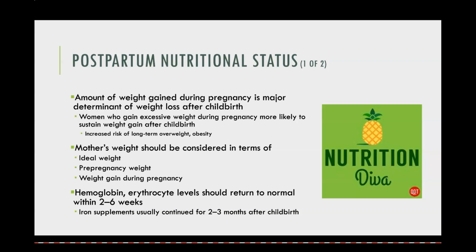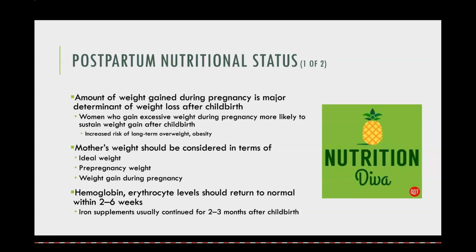The amount of weight gained during pregnancy is a major determinant of how much weight loss happens after childbirth. So women who gain an excessive amount of weight during pregnancy are more likely to keep that weight on, and they're more likely to be overweight and obese from a long-term standpoint.